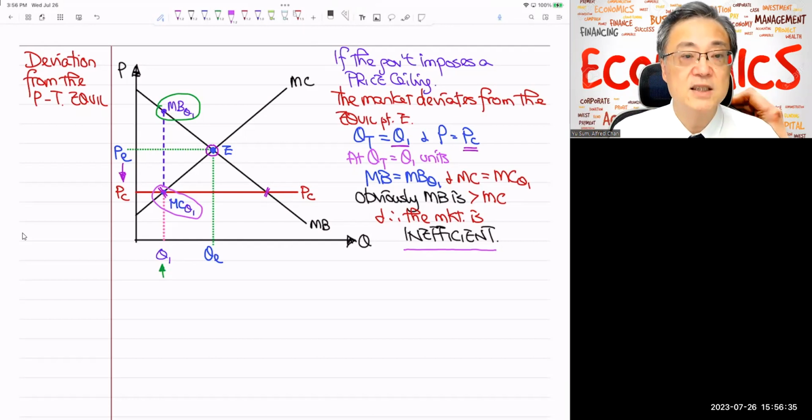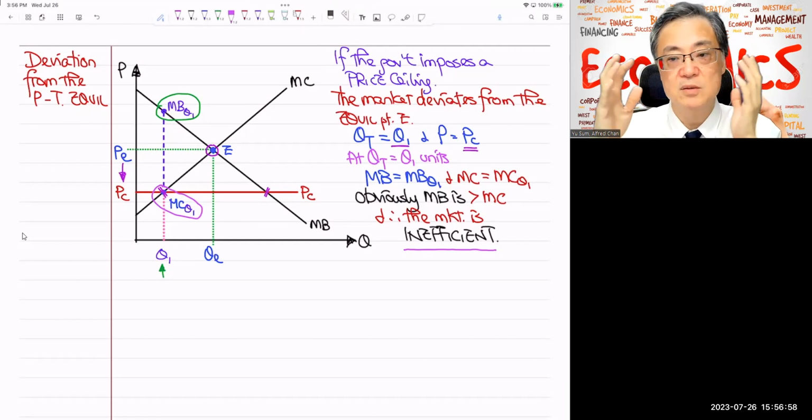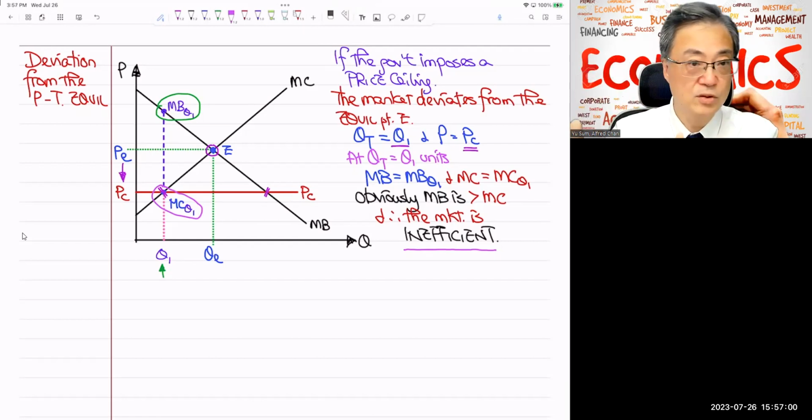And when the market is inefficient, simple. We use the argument that it's inefficient because at the current output level, MB is not equal to MC. Either MB is greater than MC or MC is greater than MB. Consumer surplus, producer surplus, total social surplus are not at maximum. We don't have optimization, and therefore the market is inefficient.